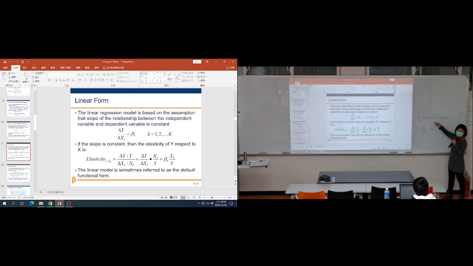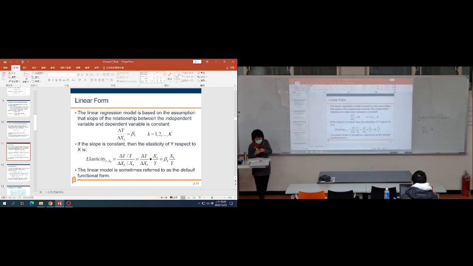We call this one the linear form, and the other alternative forms, which meet the requirement of linear in the coefficients, are in the summary table in our textbook, table 7.1.